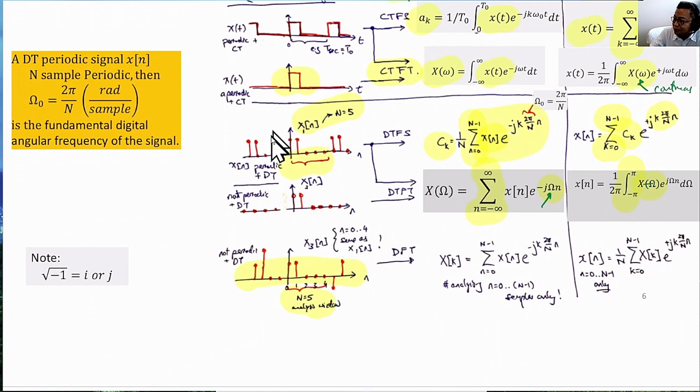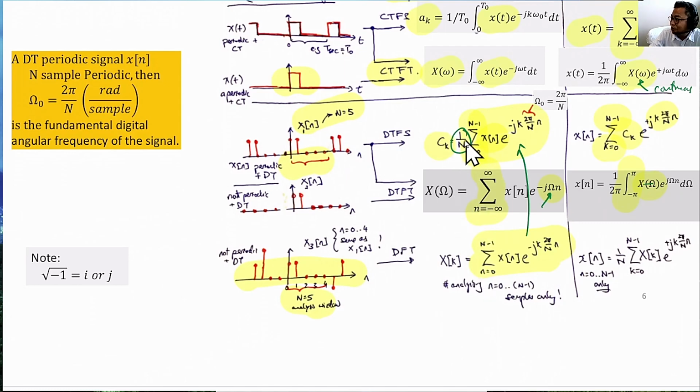Outside this window is not the same as the periodic signal. But we're going to use the same equation, almost the same as the DTFS. The only difference is that the scaling factor 1 over N is not here. So X(k), which is the DFT of xn on these 5 samples, is the same as ck except for 1 over N.